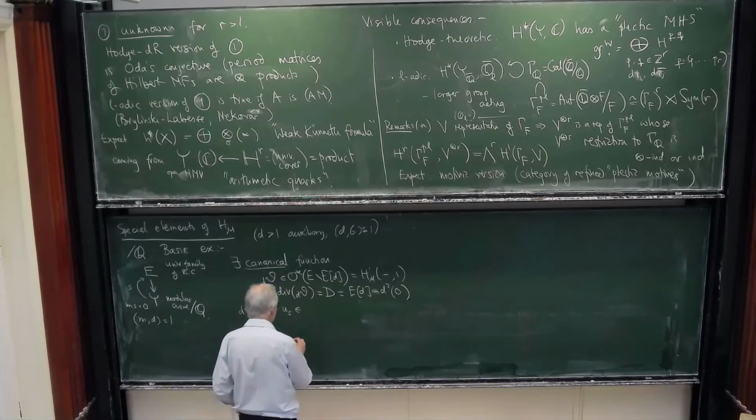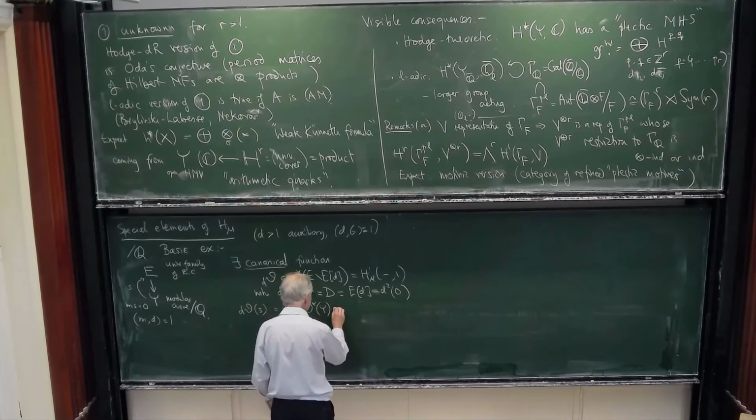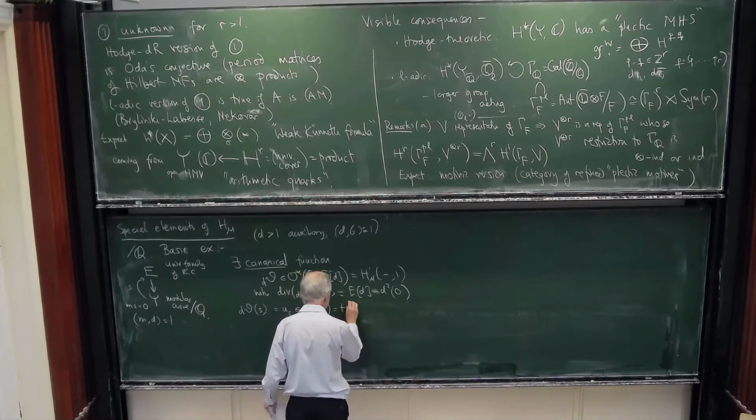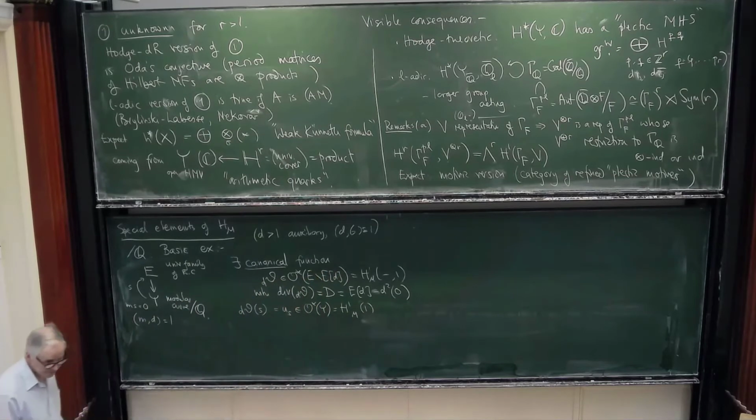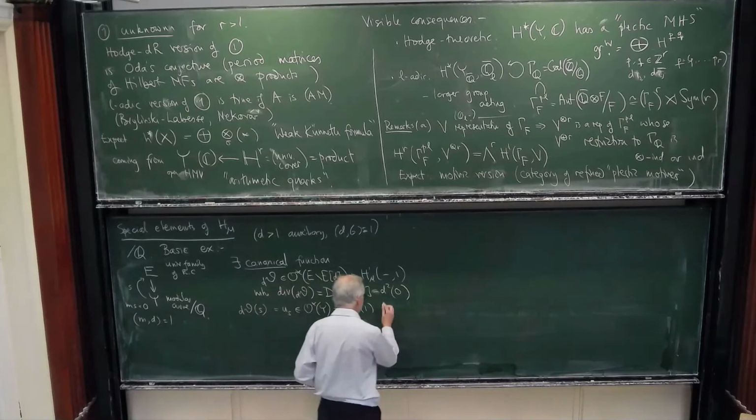It's therefore a unit on a modular curve. So these things are classically called Siegel modular units.